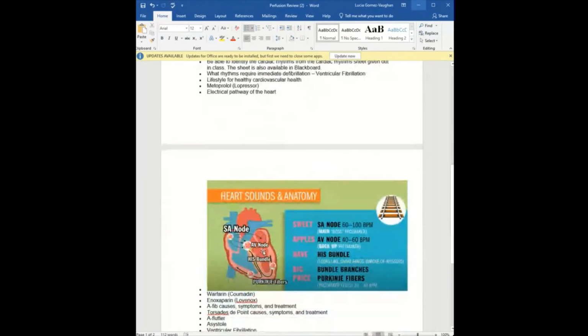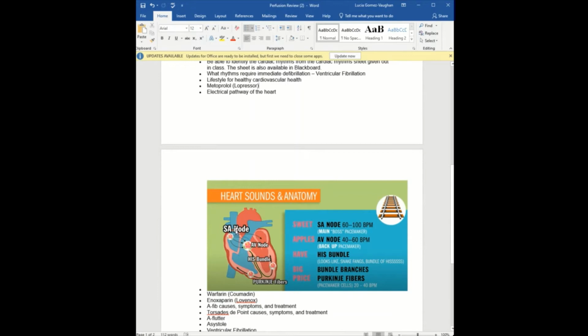The electrical pathway of the heart. This was taken from one of the videos that we watched in class. So our electrical conductivity of the heart starts at the SA node, moves down to the AV node, goes through the bundle of His, and then disperses through the Purkinje fibers. A normal heartbeat originating at the SA node should be 60 to 100 beats per minute.